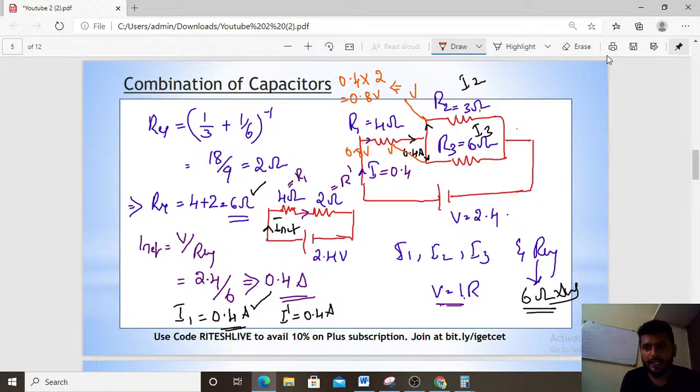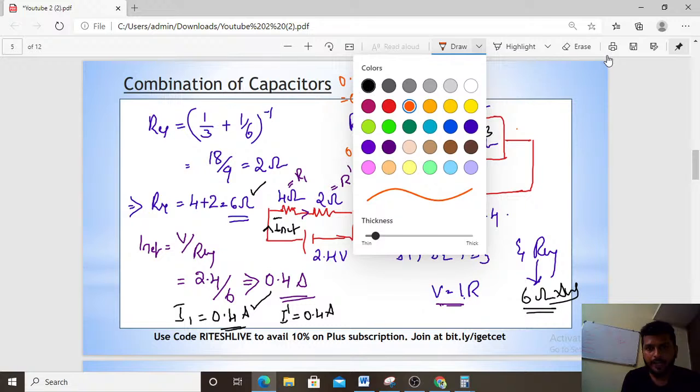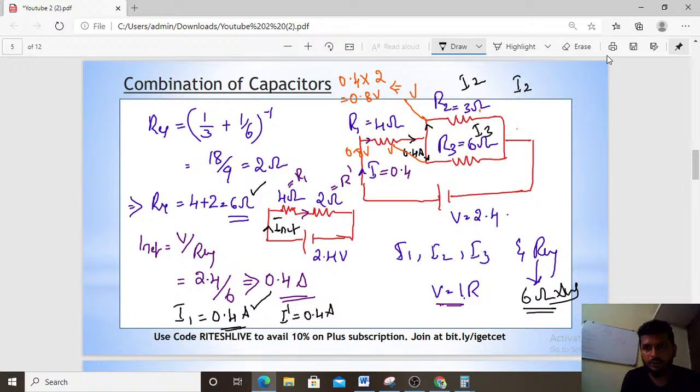So then I will get the I2 value. I2 will be V divided by R2. V is 0.8 divided by 3.